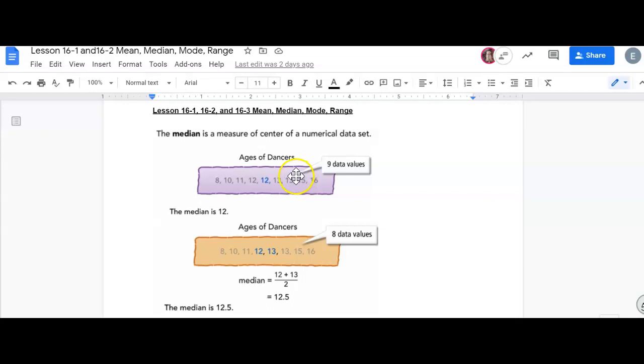A quick review of median. Median is a measure of center of a numerical data set. So listing out the numbers of a data set and finding the number that is in the middle.